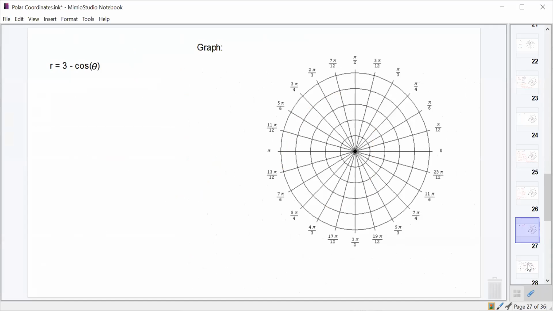Now we've got r equals 3 minus cosine theta. This time our ratio between a to b is equal to 3. And this is still a lemniscus, but it's a lemniscus with a flattened side.